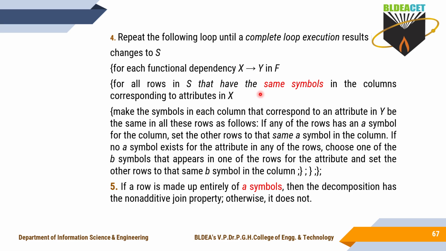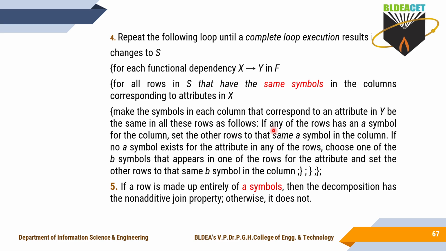If it is not, then make the symbols in each column that corresponds to an attribute in Y be the same in all these rows, as follows. You have to change the rows according to this condition.